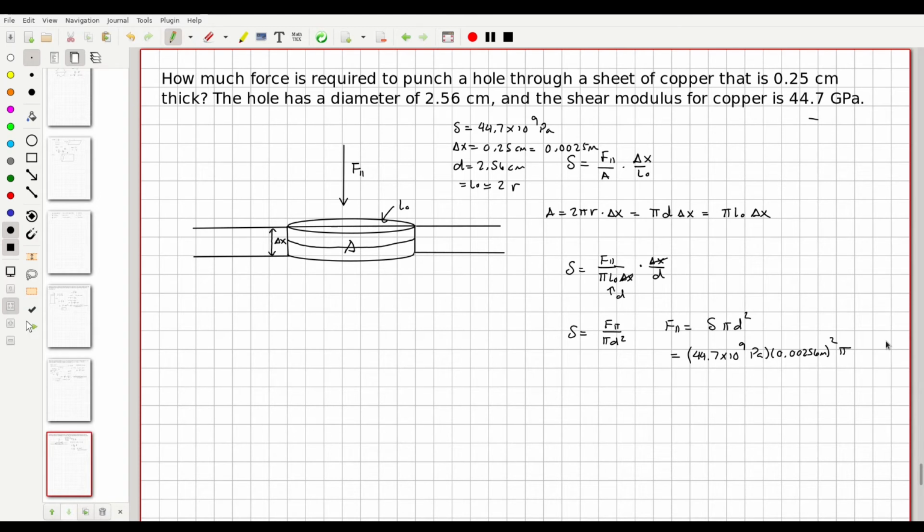So let's see here: 44.7 times 10 to the ninth times 0.00256 times pi. I get that this is going to take 9.2 times 10 to the 5th newtons. This is how much force it is going to take to press through.